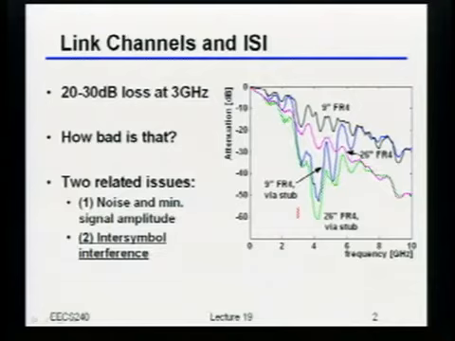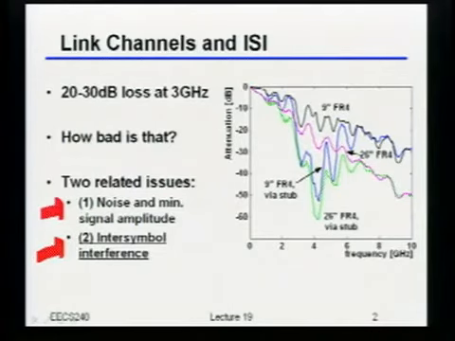We said, okay, how bad is that? How important is it? We said there were really 2 issues we needed to talk about. The first was how much noise was going to be in our system, and therefore what's the smallest signal we can tolerate. Well, we said there was one more really important thing, and that's so-called inter-symbol interference.